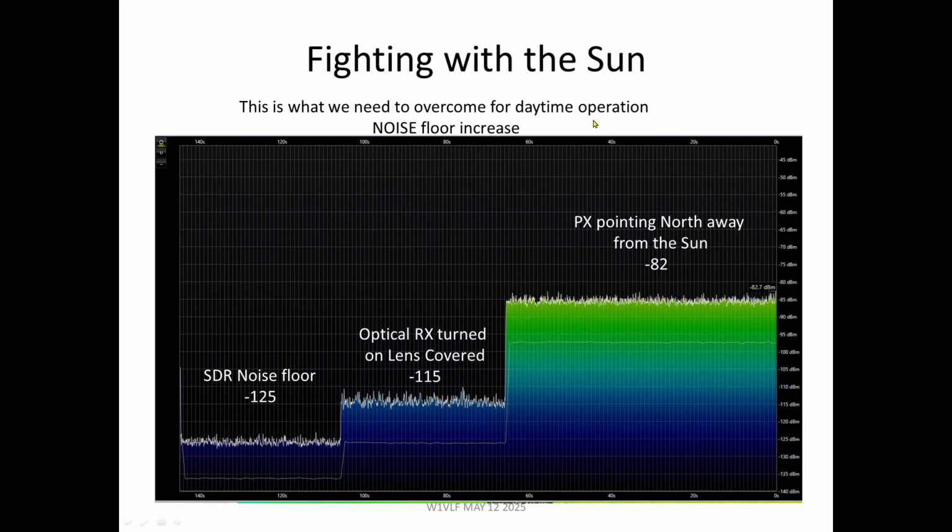So here's a test. What kind of a big deal is fighting with the noise? Excuse me, the sun. Well, I have a weak signal source. I'll show it to you later. It's nothing special, and you can build it any way you want. All you need is a single LED, and you need to turn that LED on and off at some rate, right?